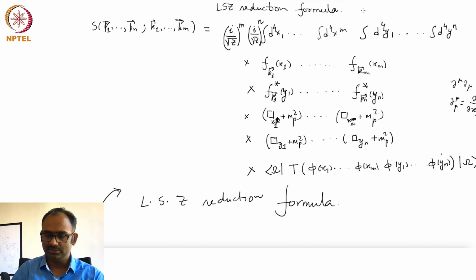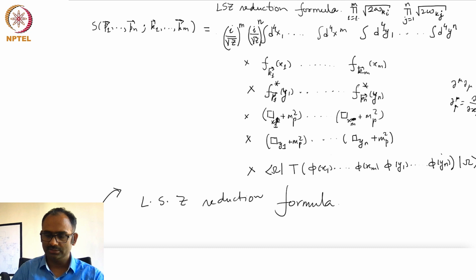How should I write here, the product of 2 omega k_i for i equal to 1 to m times the product for j equal to 1 to n of 2 omega k_j.